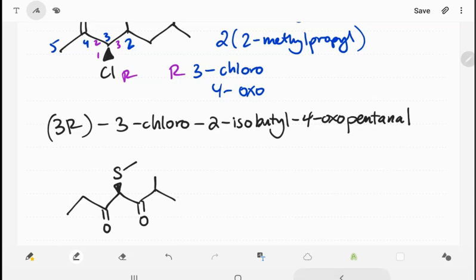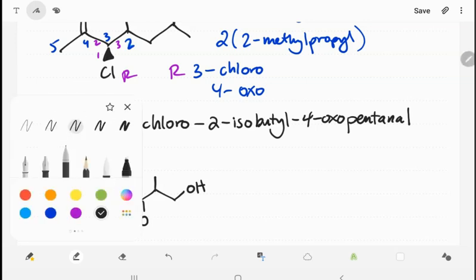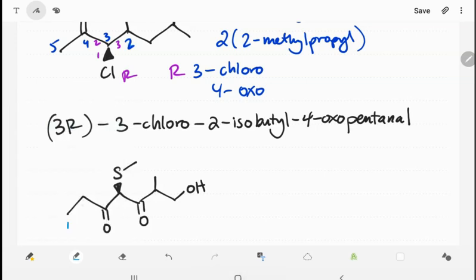And okay, let's name this thing. So first step in naming, identify your highest priority group. Highest priority here is the ketones. We've got 2 of them, right? We've got 2 ketones here, so we want to give those the lowest possible numbers. Let's see what we can do with those. We'll start from the left, and then we'll start from the right.